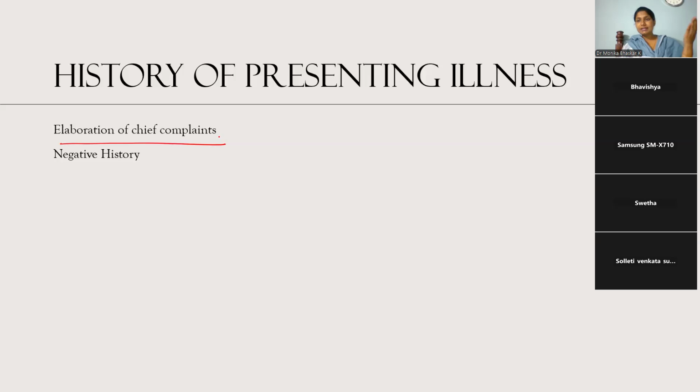Whenever she comes with pain abdomen, it is not only the labor pain which has to be asked about. You also have to ask about other negative history. Why is it important? Because you have to know whether it is true labor pain or false labor pain.